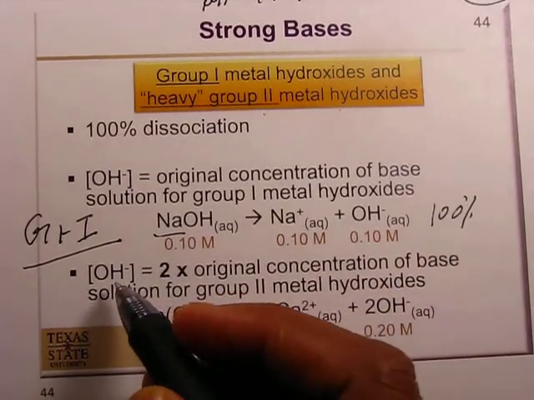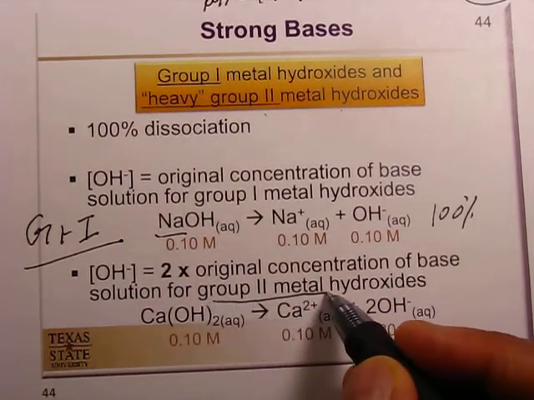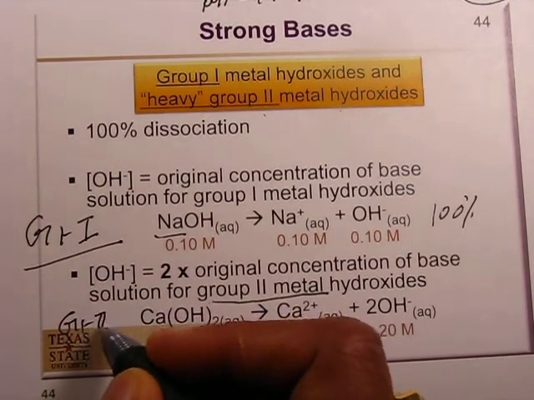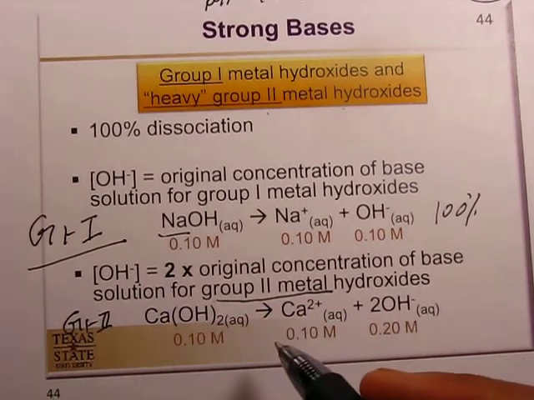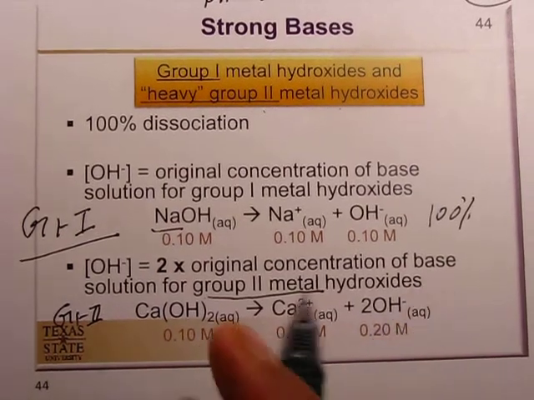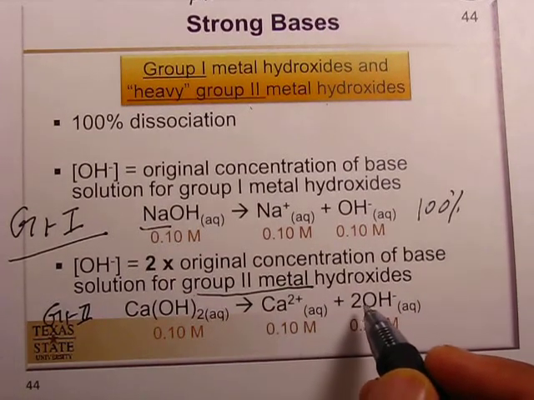In case we are talking about a group 2 metal, for example calcium hydroxide or magnesium hydroxide, once it dissociates it will give you 2 moles of hydroxyl ion.